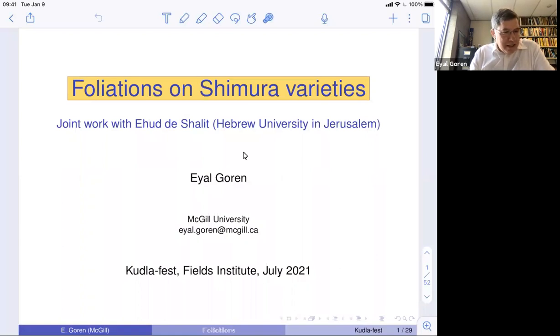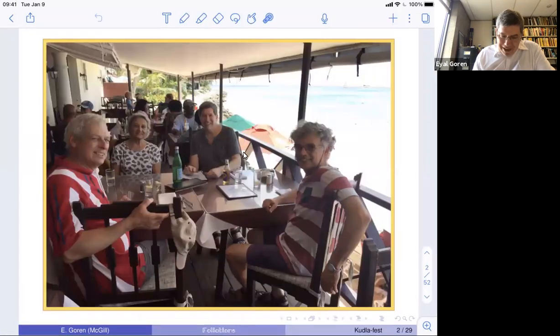So I thought, well, at least I'll try and find a picture, which many have done. And I discovered that I have exactly one picture of Steve, but in fact, it couldn't be more perfect. So let me show it to you. This picture is taken in Barbados, where we held many conferences.